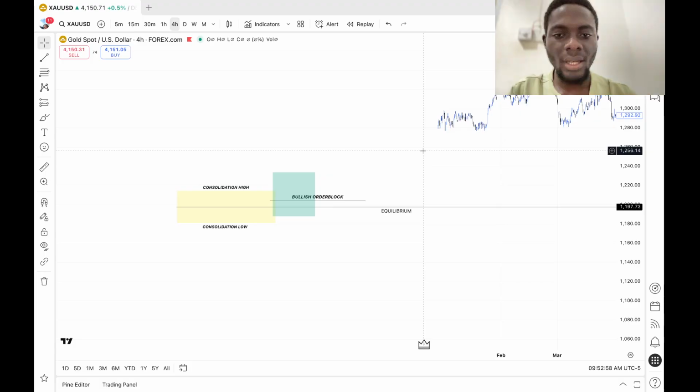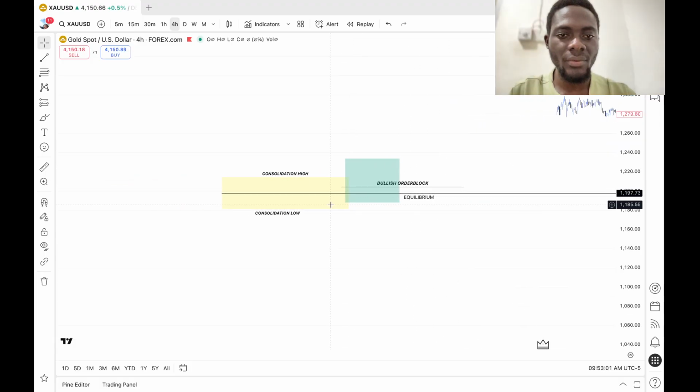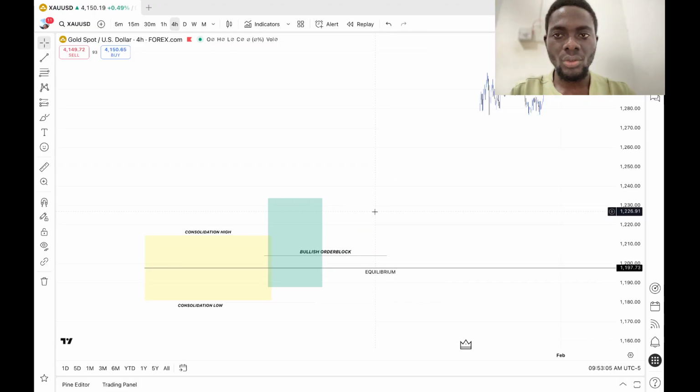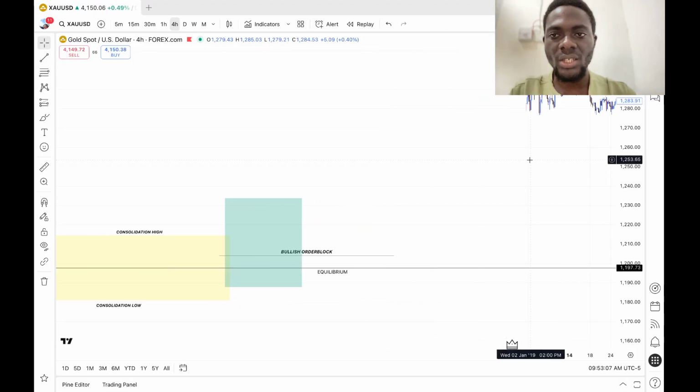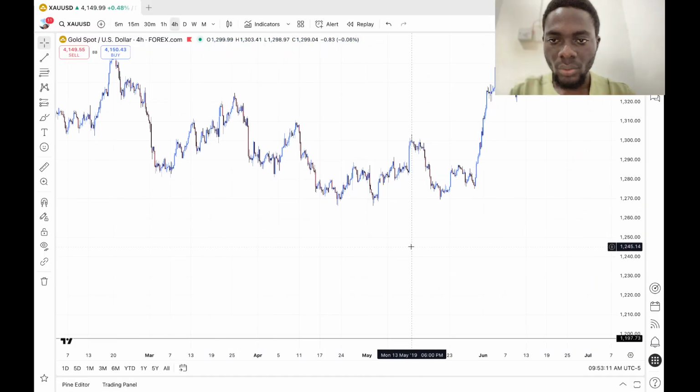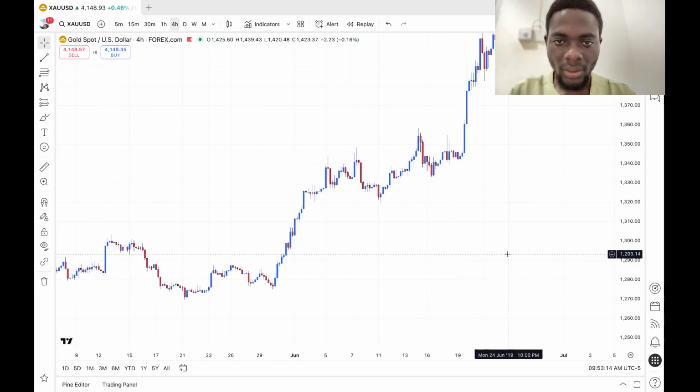Can you see why price is not getting to that level? It's because there's a certain level of chart you can see at a time. Let me look for it. I have to explain this so that you understand.